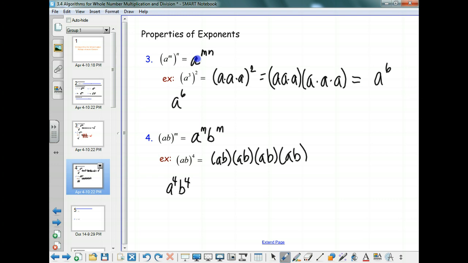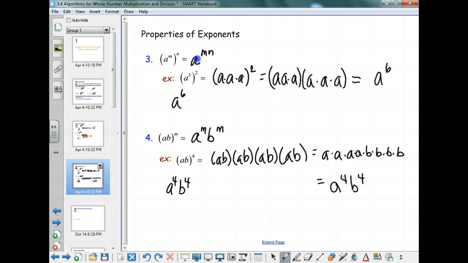So I actually can rewrite this with all the A's in the front and the B's in the back with those 2 properties used multiple times. And then my result, of course, will still be a to the 4th, b to the 4th. So I actually don't have the distributive property at all there, do I? I have the associative and the commutative property many times to make it work.